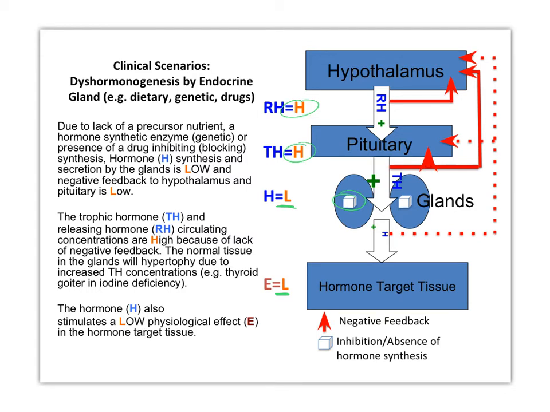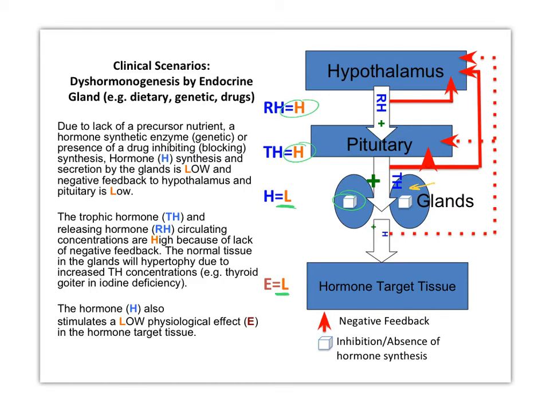But in this case, we may not find a small or shrunken gland. We may find an enlarged gland. And the reason is that the trophic hormone levels are high, and we are seeing this effect on the gland, leading the normal tissue that's just inhibited from producing the hormone to still respond with the other effect of the trophic hormone.